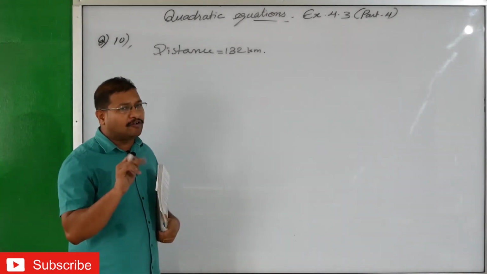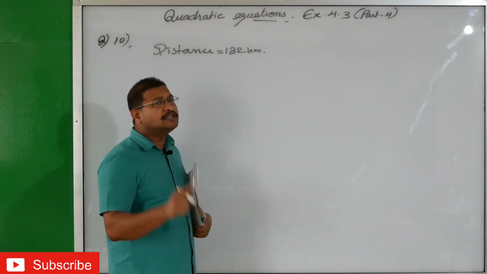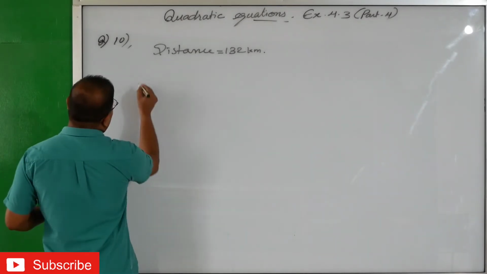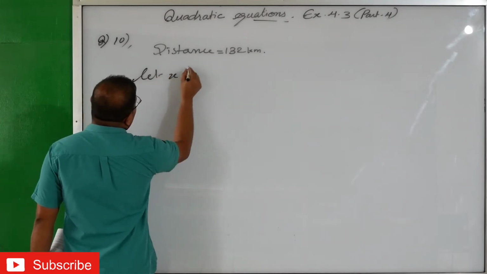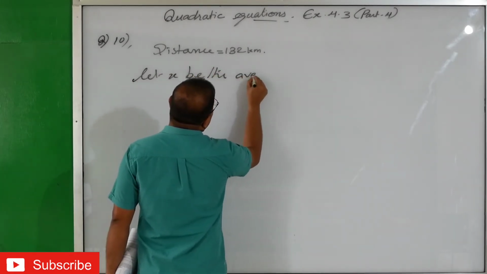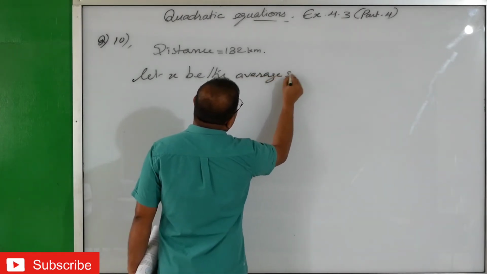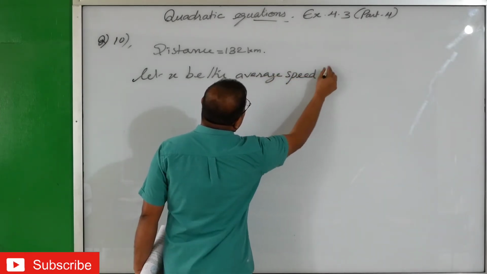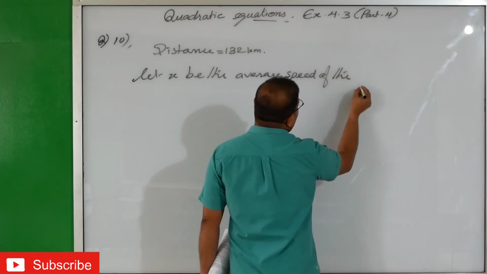That means we will write, let x be the average speed of the passenger train.